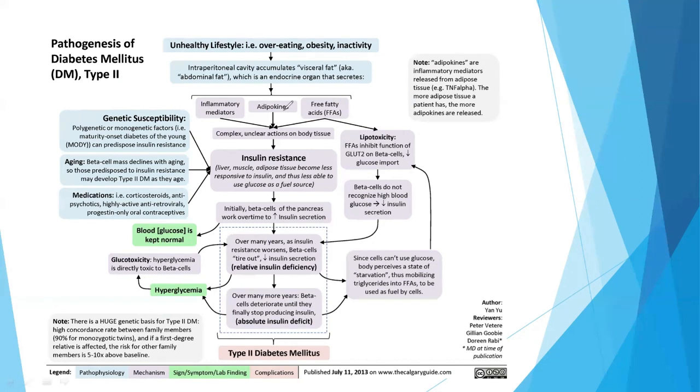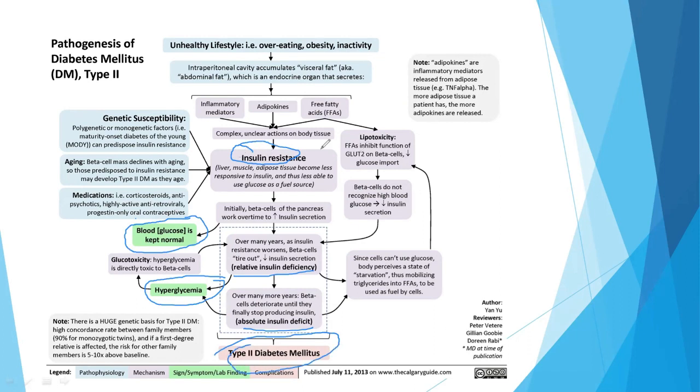So you need to focus on the insulin resistance mechanism. Initially, the blood glucose is kept normal. After that, there is relative insulin deficiency, and there is hyperglycemia. Okay, now over many years, the beta cells get damaged until they finally stop producing insulin, and that will lead to absolute insulin deficiency, and that will lead to type 2 diabetes mellitus.